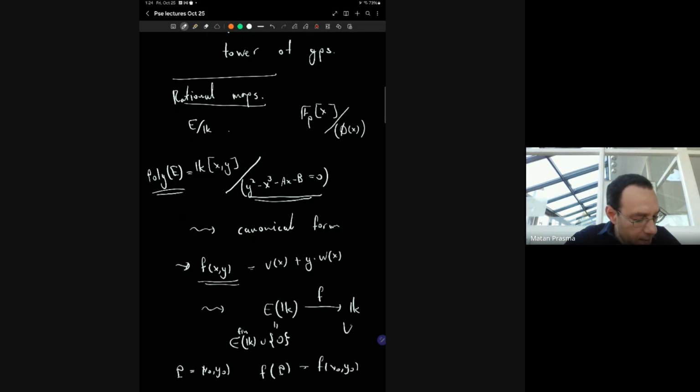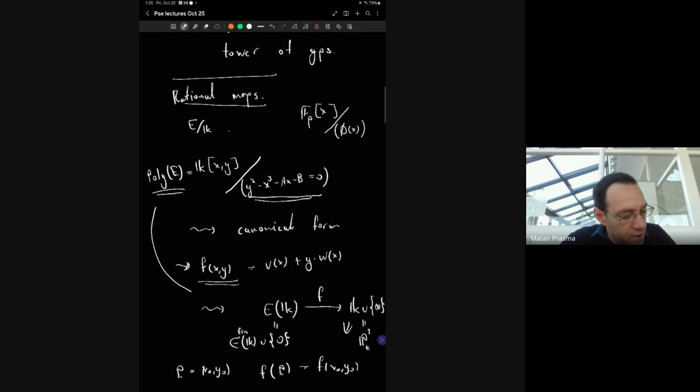And this is always in K unless P is equal to O. So when P is equal to O, I say that f of P is infinity. And this we called the projective line. So a polynomial over E is basically an algebraic creature, but it induces an actual function.